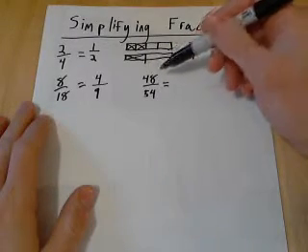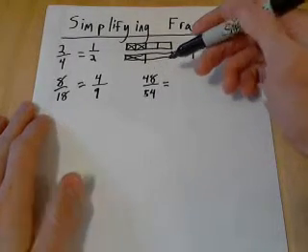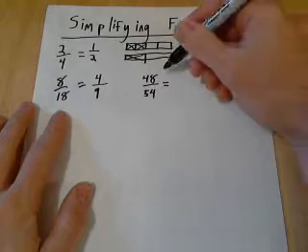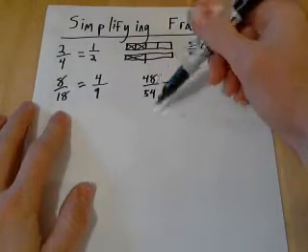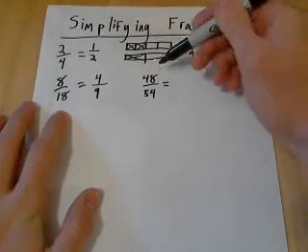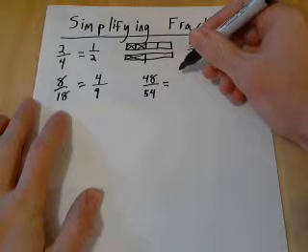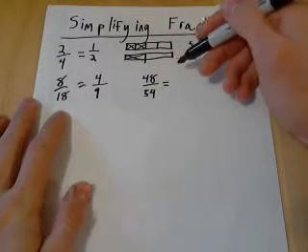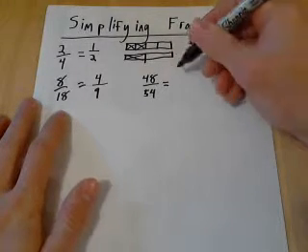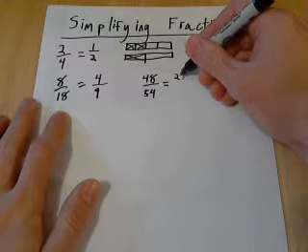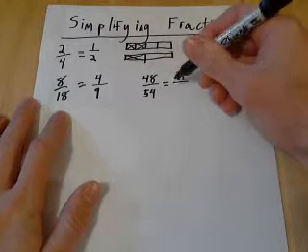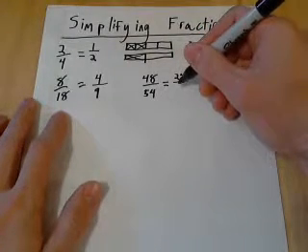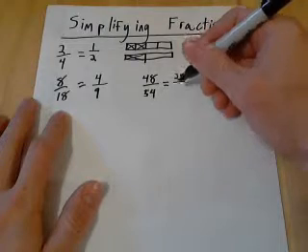So here, I'll just show you the two separate ways. So the first way, we can look at these and we can see that they're both even numbers. And even numbers are always divisible by 2. So 48 divided by 2 equals 24, and 54 divided by 2 is 27.